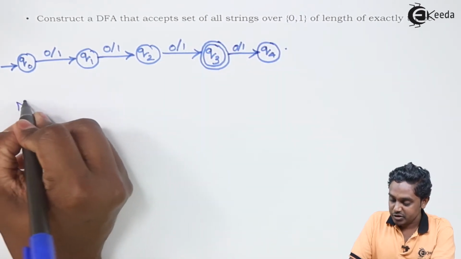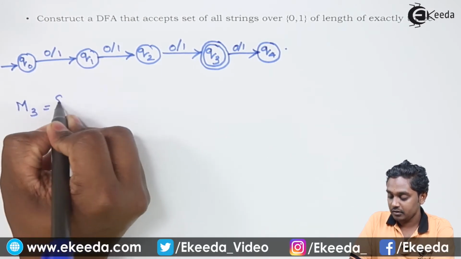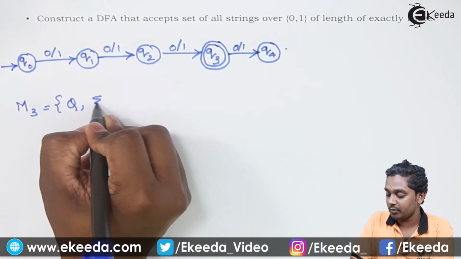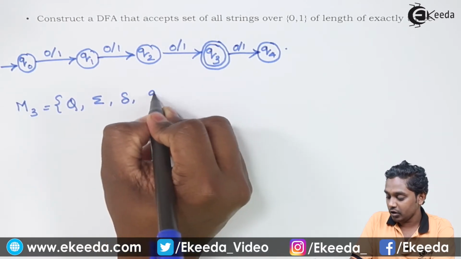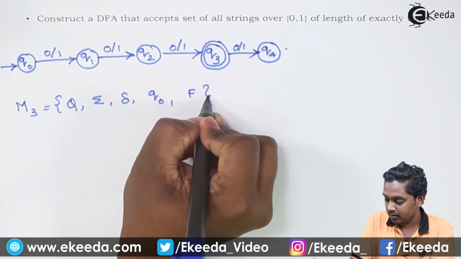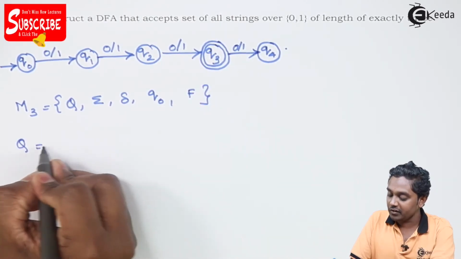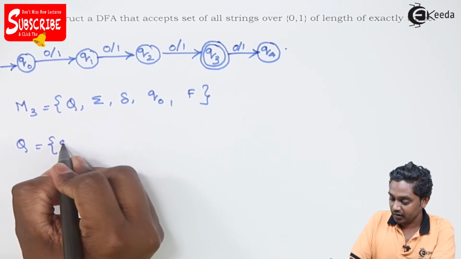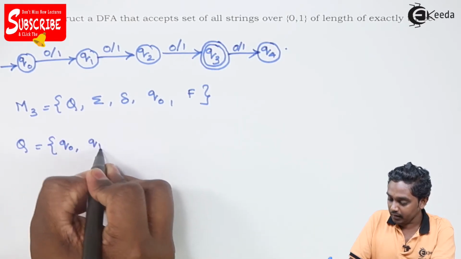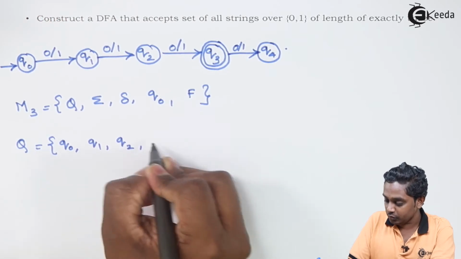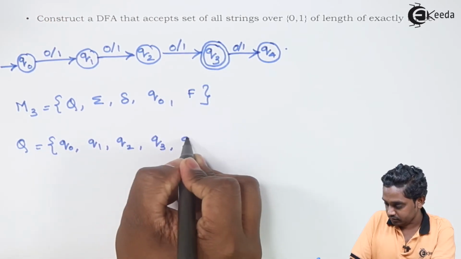Again, let's say this machine is M3. We have Q, sigma, delta, Q0 and F. What is Q? Q is the set of states. Here the set of states are Q0, Q1, Q2, Q3 and Q4.